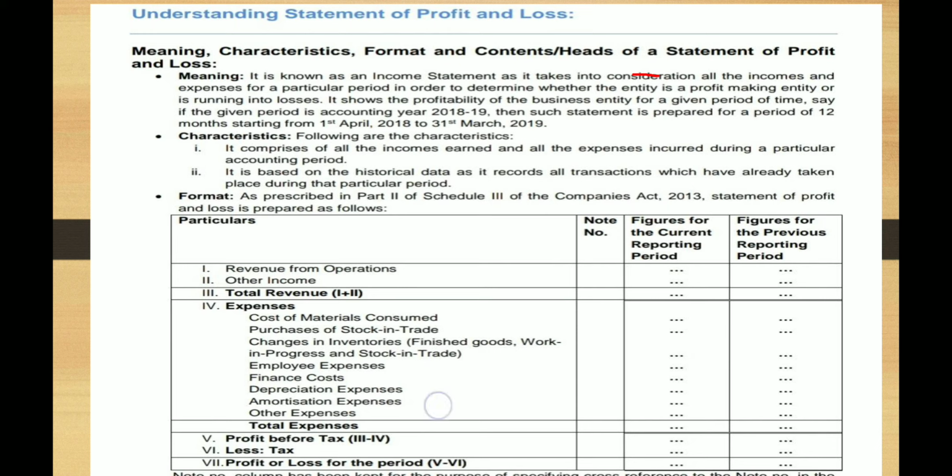Now after that you have to ascertain the expenses which are incurred: cost of materials consumed, purchase of stock in trade, change in inventories of finished products, employee expenses, financial costs, depreciation expenses, etc. And at last, having total revenues and total expenses, you deduct the expenses from the revenues and you get the profit. After getting the profit, you deduct the tax and you get the profit and loss.